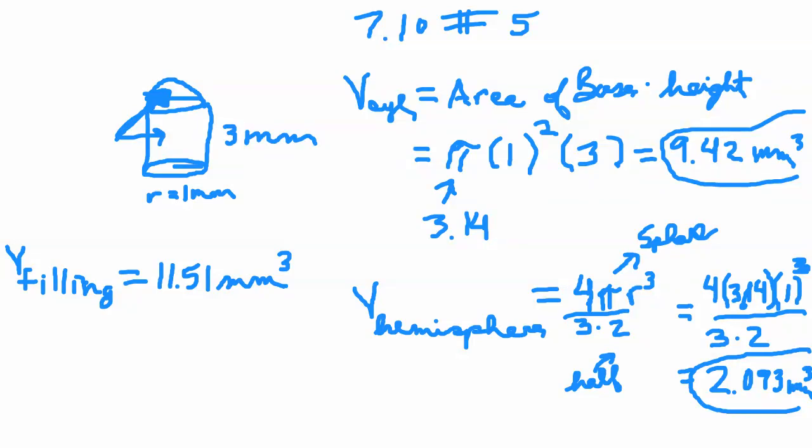So just divide it by 6, which gives us 2.093. But I didn't see how you get the 11.51. Then add 2.093 to 9.42.